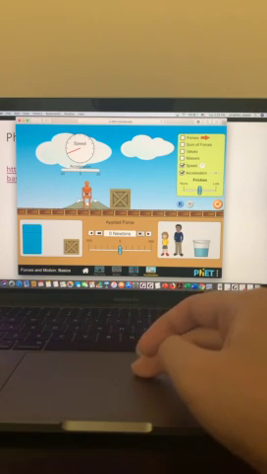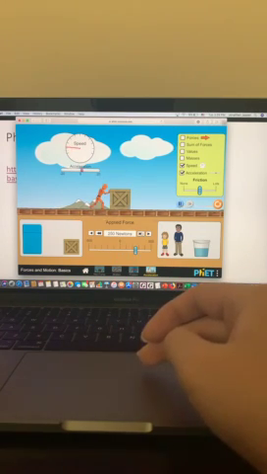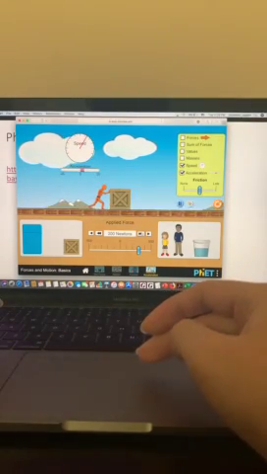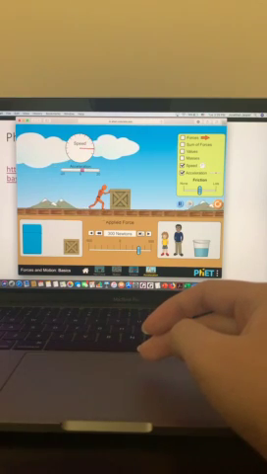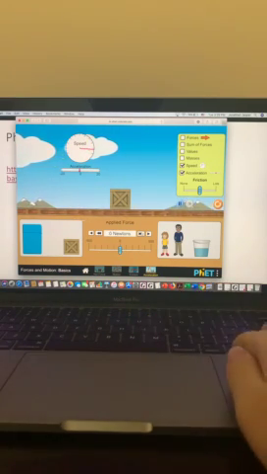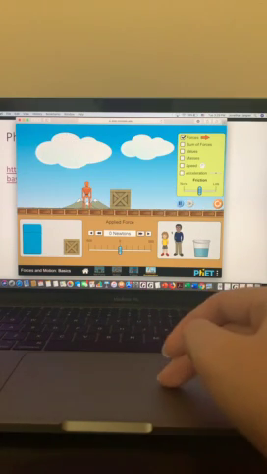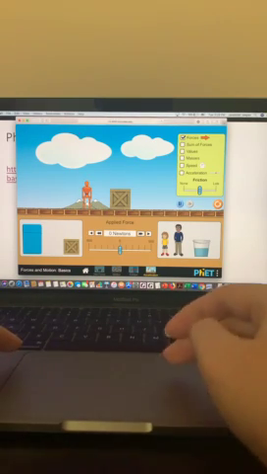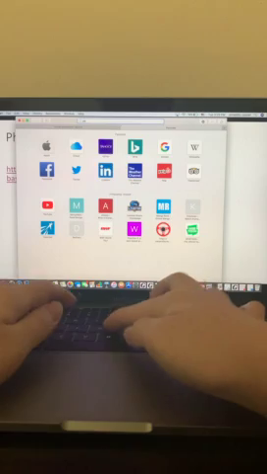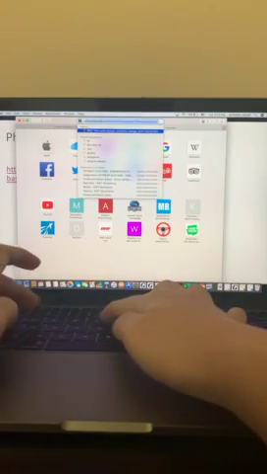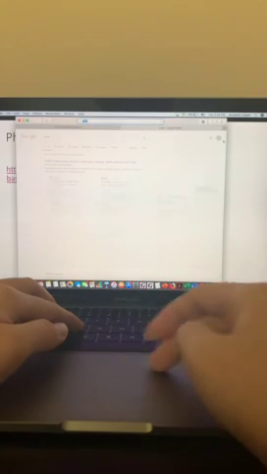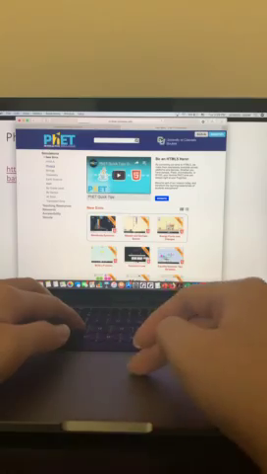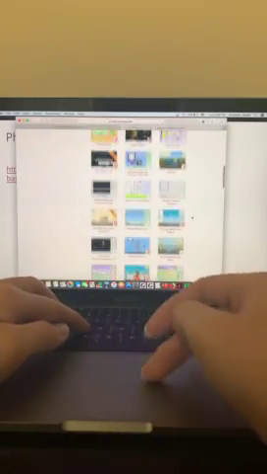Okay, so let's just try to push it. If you want to try to play with it, you can just search PhET, and then it should be right here, then start playing with simulations, and then choose physics, and there are a lot of simulations if you want to play with them.